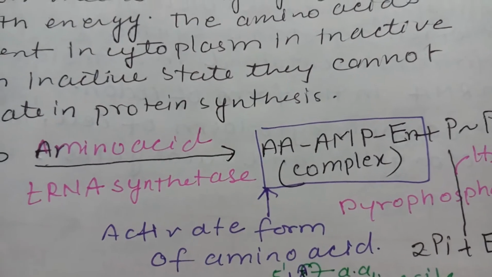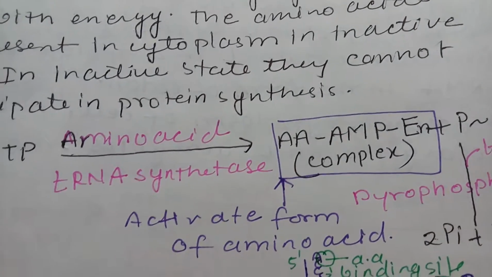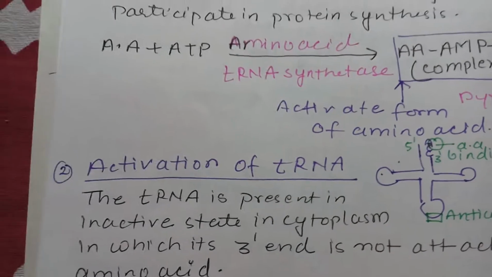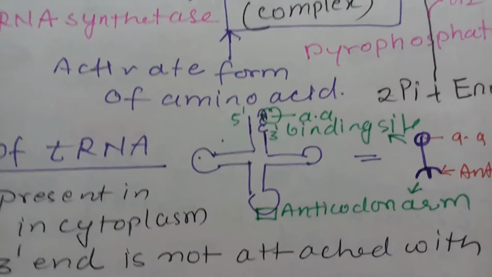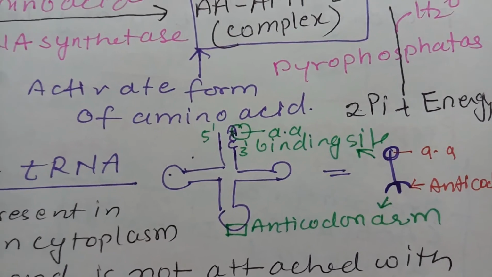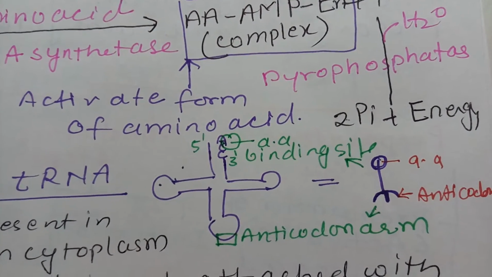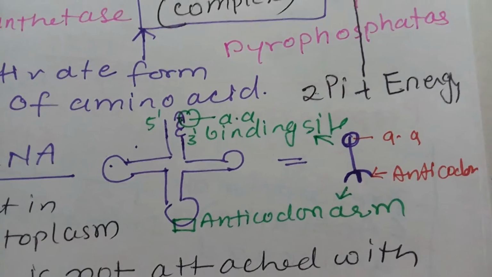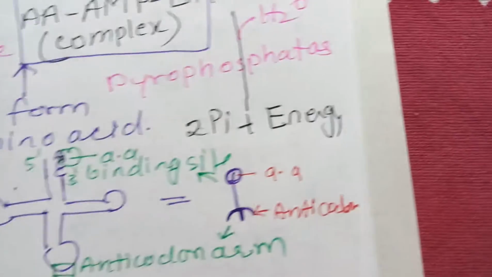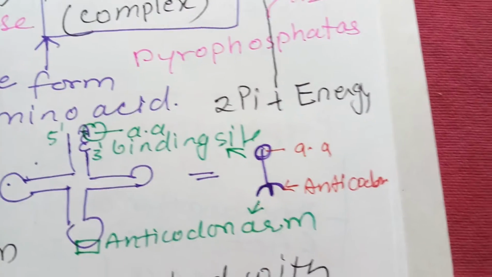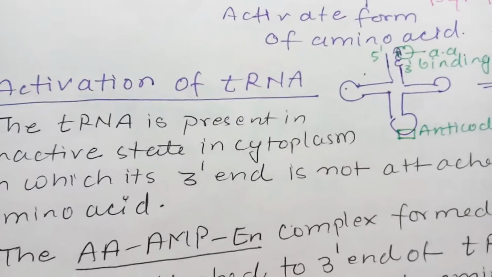Now this activated form of amino acid is linked to tRNA. So let's look at the structure of tRNA and we will see activation of tRNA. It has a 3' end which is important, as the binding of amino acid occurs over here. This we have already discussed, and this is its anticodon arm. So I'll be representing this tRNA as this amino acid and its anticodon arm, because they are the main things which participate in protein synthesis.